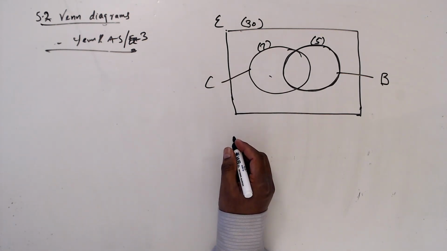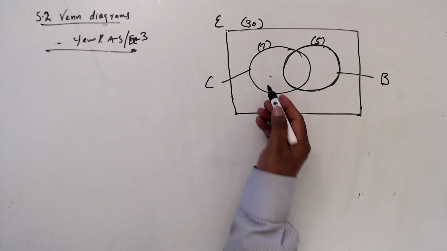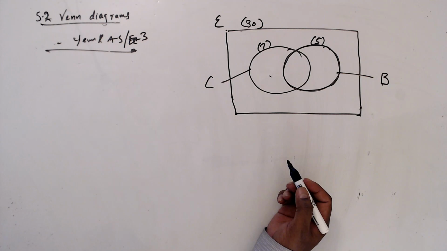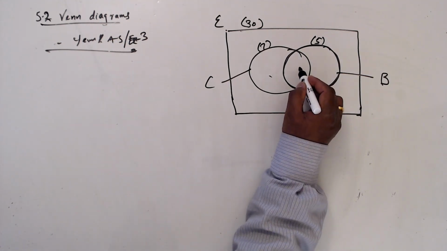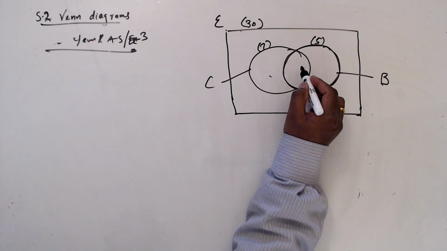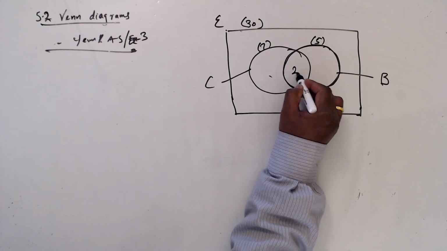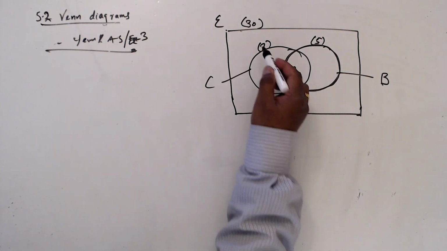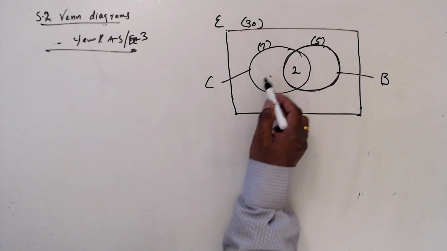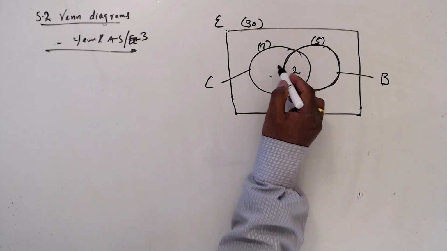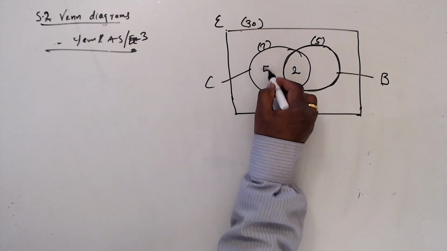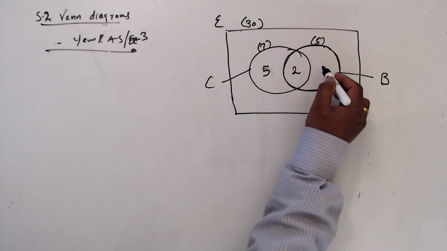Now if it tells us only, then we can do it. There are 2 people in both choir and band. Then we can simply find only choir: 7 minus 2, this is going to be 5. Then 5 minus 2, 3.